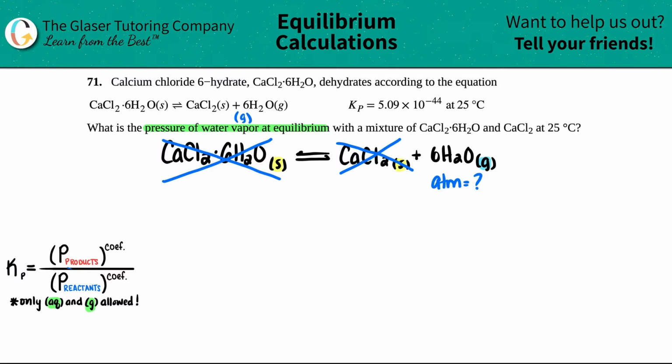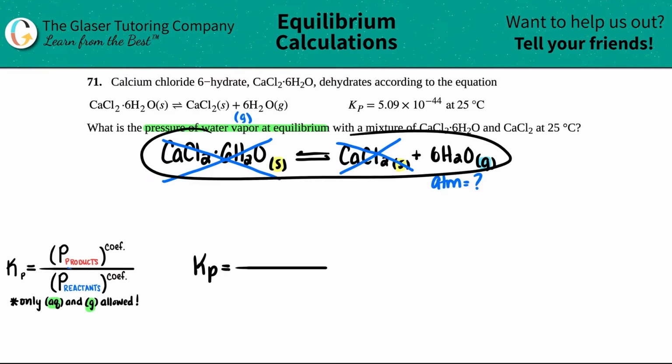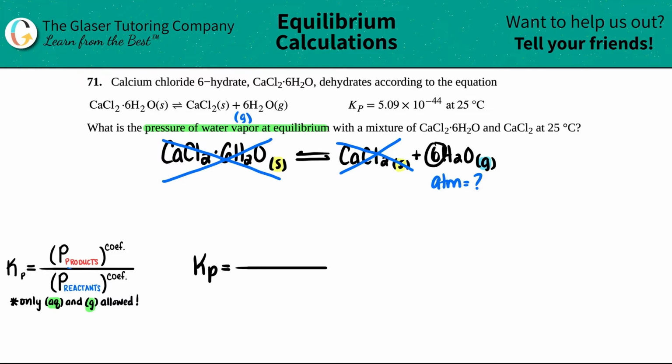So now, let's keep going. Let's write out this specific equation. And remember, before we do this, just make sure that this was balanced. But I did see that they gave us coefficients already, so I'm pretty sure that it's balanced. And now let's write it. I have only one product that I care about here. So it's the pressure of the H2O. And this is now going to be raised to the coefficient. I did see that there was a 6 here, so I have to raise this to the 6th.